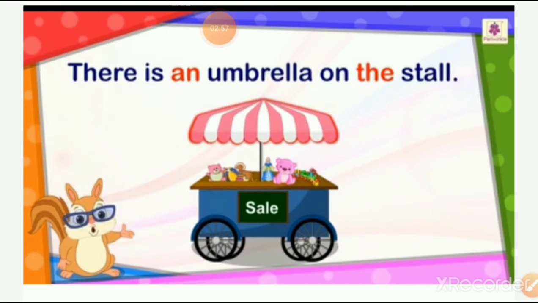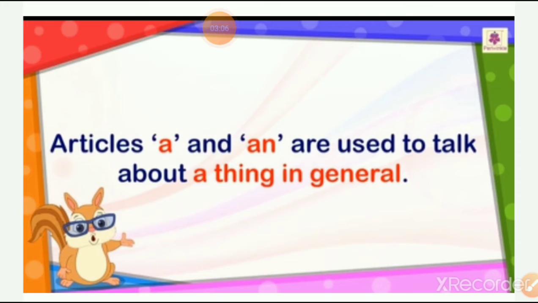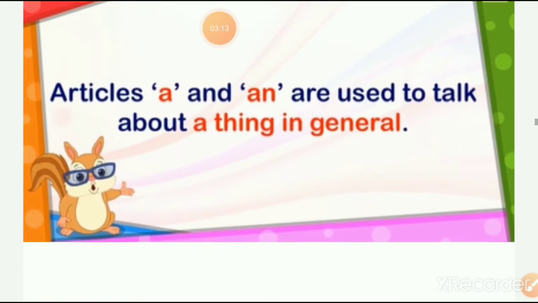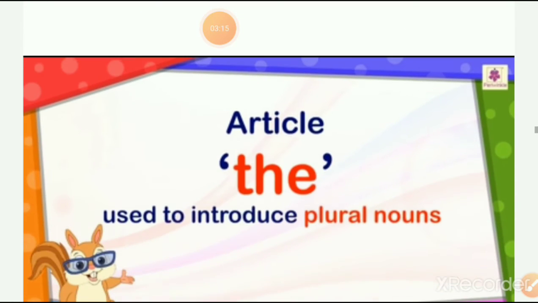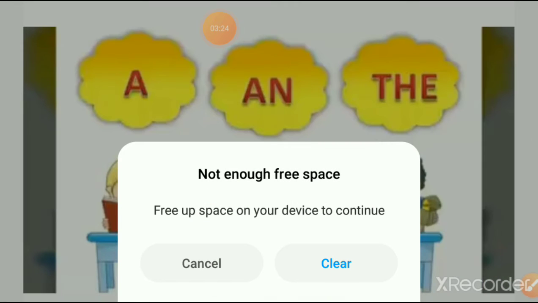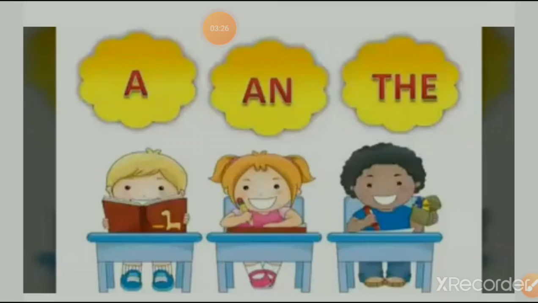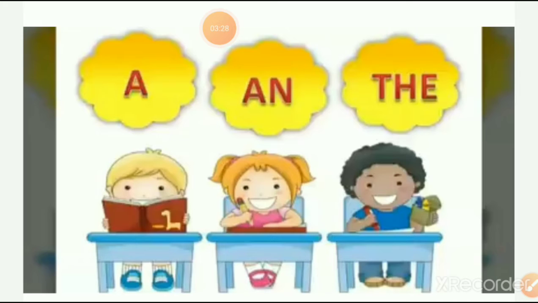There is an umbrella on the stall. Articles a and an are used to refer to a thing in general. For example, the article the is used to introduce plural nouns. A and the.